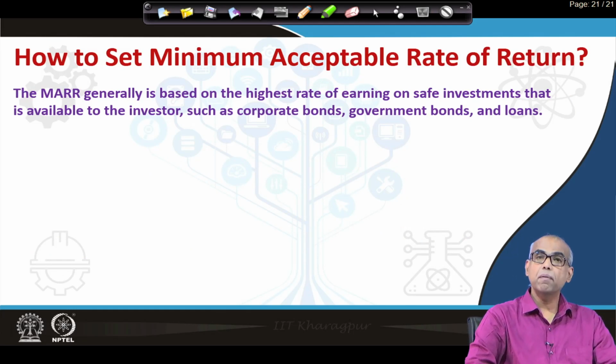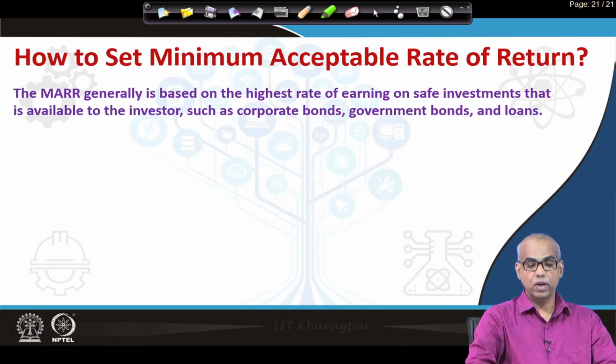So, how do you set minimum acceptable rate of return? The minimum acceptable rate of return is generally based on the highest rate of earning on safe investments that is available to the investor. For example, corporate bonds, government bonds and loans.